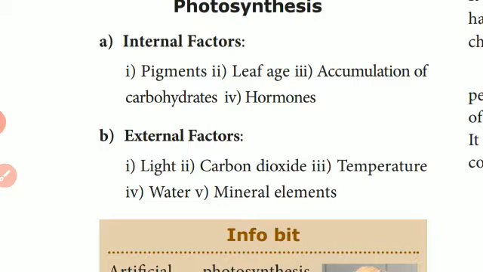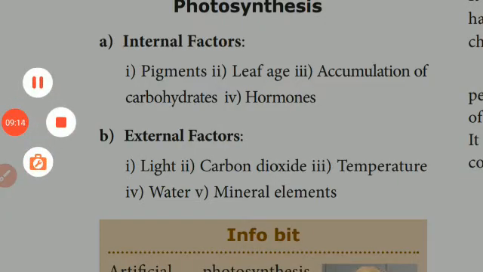These are some of the external factors affecting photosynthesis. Today we have studied two reactions: light dependent and light independent reactions. There are two kinds of factors affecting photosynthesis: internal factors and external factors. Thank you.